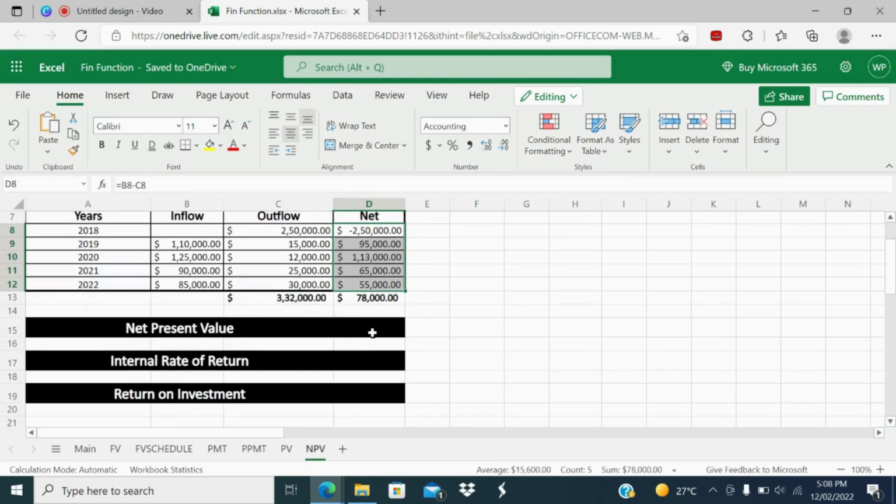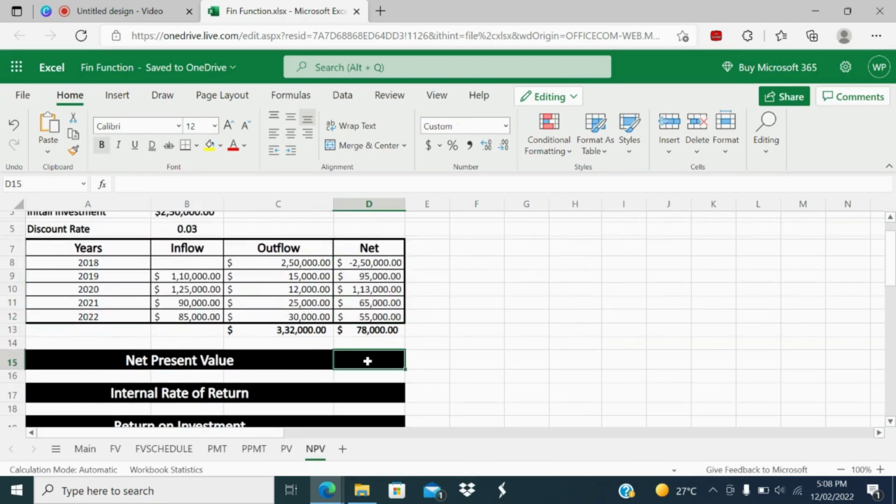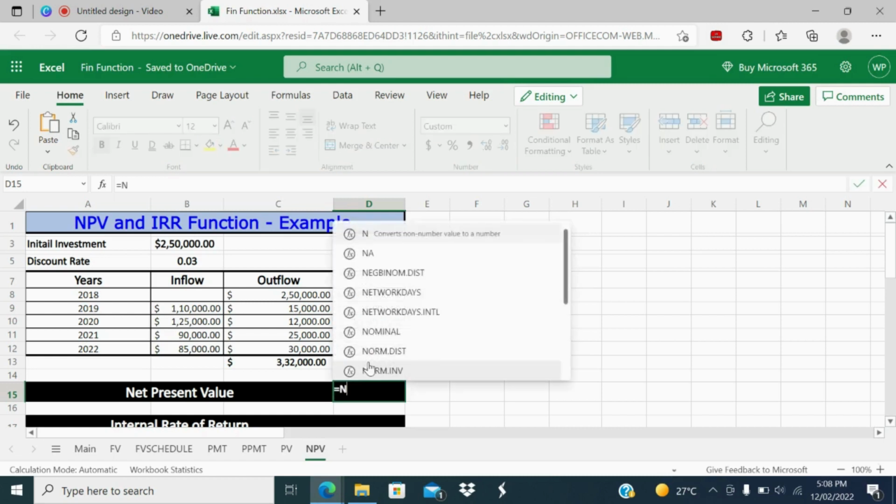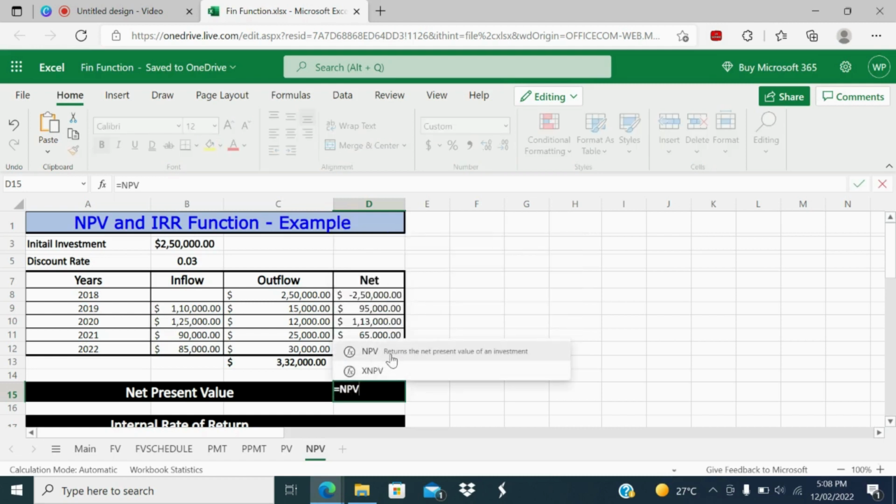Now let me calculate the net present value of this net flow: equals NPV, rate, that is the discount rate, comma, values. Here values is nothing but the net cash flow, inflow minus outflow.